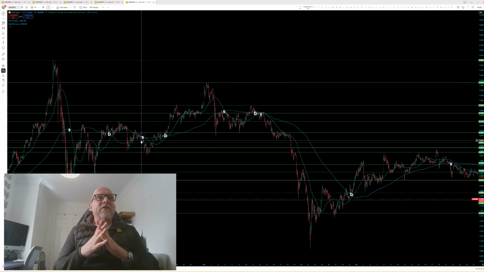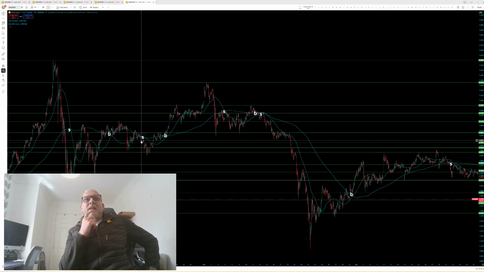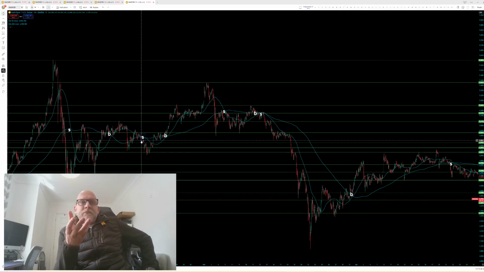But one thing I did notice was I had some images last year on my phone that I sent to Gold Trader Mo of some trades that he'd sent me. Some signals, and I had placed on my account. And I found these images, and I looked at the time and the date, and I went back and looked on my trading chart at where gold was at the time.